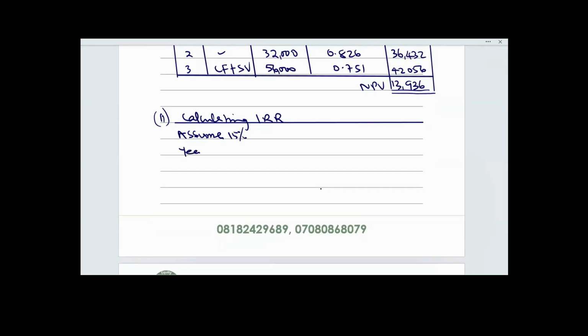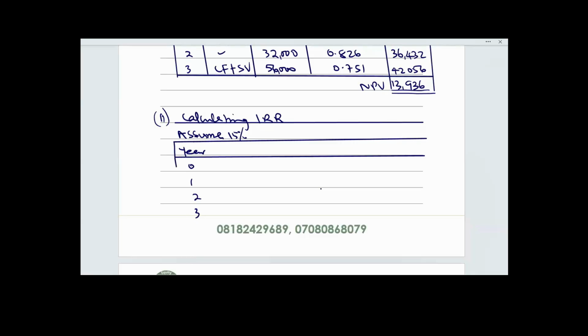So we are going to use this 15% to calculate this. Let's say this is year 0, year 1, year 2, and then year 3. Now we are going to use one table to calculate our internal rate of return.